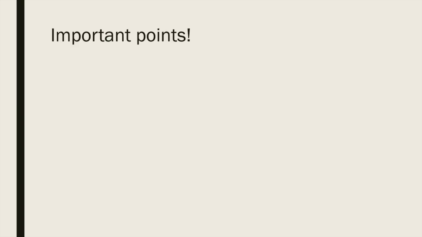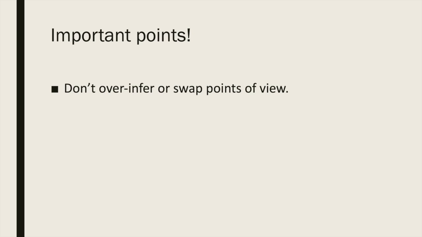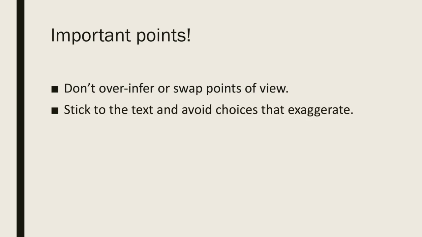Now, a few important points about these kind of questions. Don't over-infer or swap the points of view that are being made. So make sure you're really clear what text 1 is saying and what text 2 is saying. So don't confuse the two. That's one thing. But the second thing is don't over-infer. So don't try and take things out from the author's words or anything that they haven't directly said to you specifically.